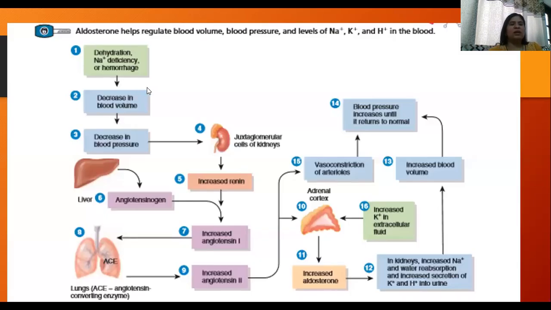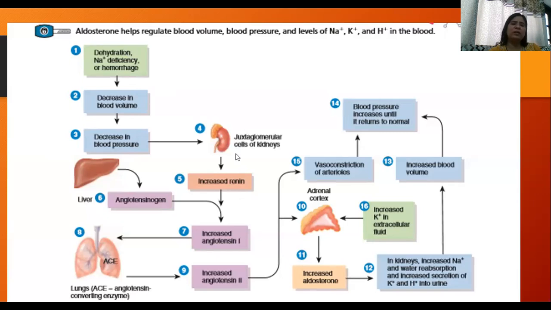The renin-angiotensin-aldosterone system can be understood with this picture. Any change in blood pressure or blood volume, that may be due to dehydration, sodium deficiency or hemorrhage, can cause a decrease in blood volume, which can further lower the blood pressure, or hypotension.